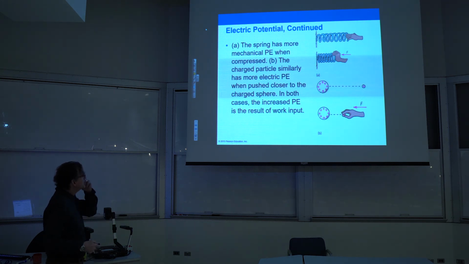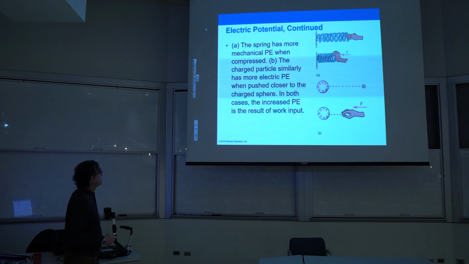So in both cases, the increased potential energy by pushing them closer is the result of doing work, and when I release that force by hand, then that potential energy is converted to kinetic energy as the particle accelerates back outwards.